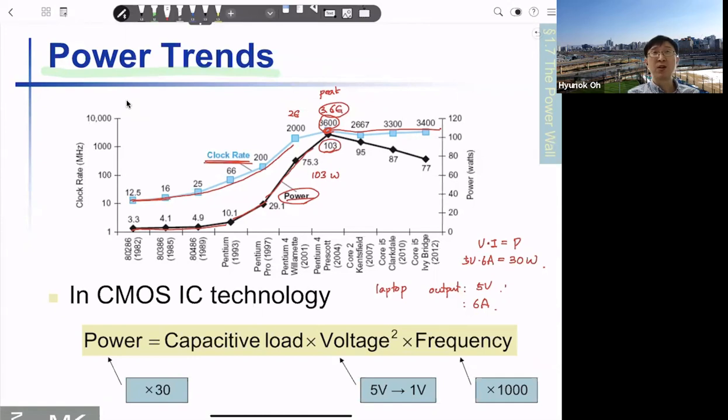I think you are using this kind of bulb in your room. It is just consuming like 25 watt. So a single small CPU is consuming 4 bulbs. So power consumption is a big part. Actually, power consumption is proportional to the heat.